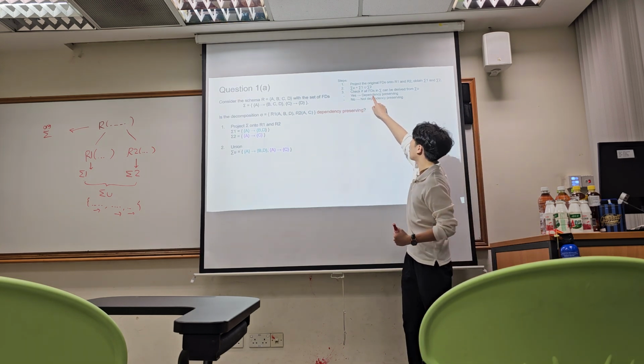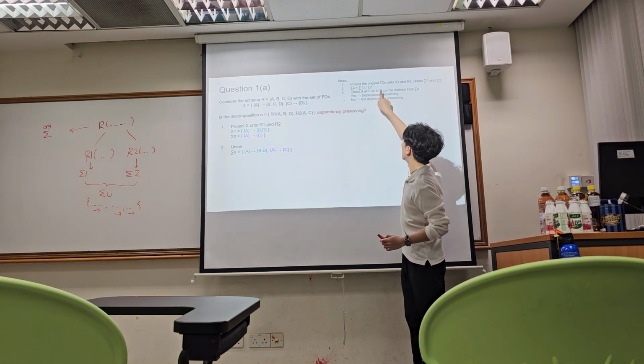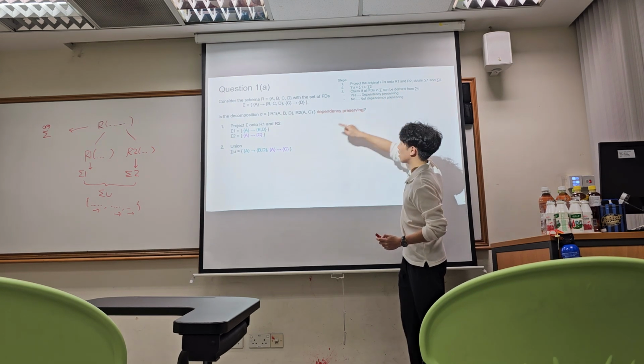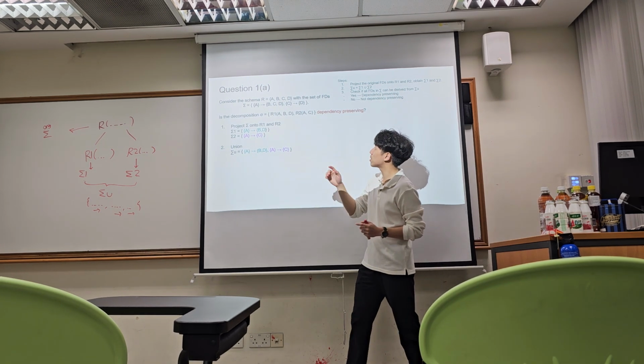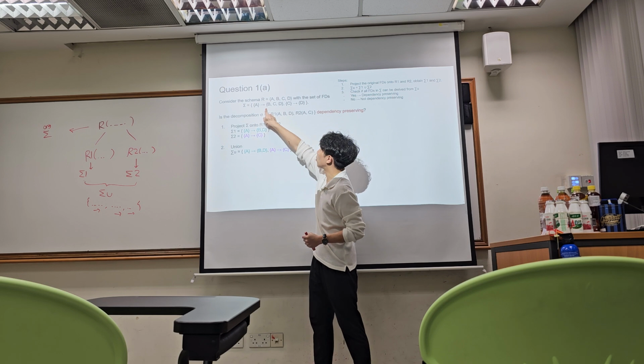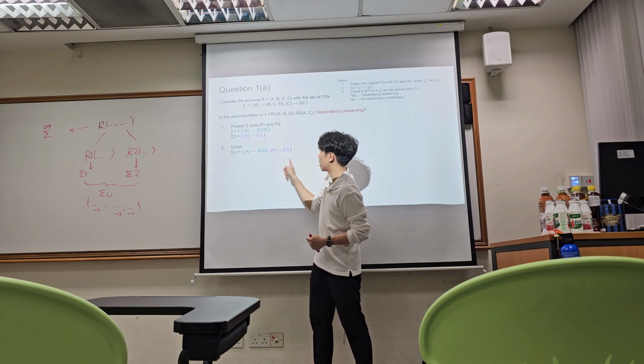You need to check if all the functional dependencies in this set can be derived from the union set or not. So can we derive A to B, C, D, and C to D from this?